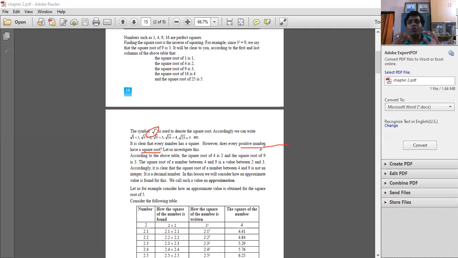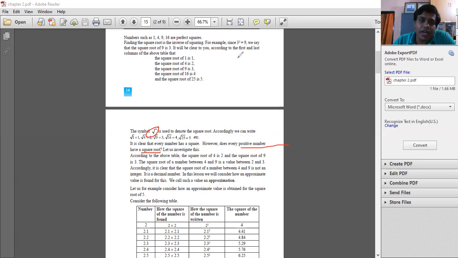So if you want to find the square root of a number between 4 and 9, 4 and 9 are squares of 2 and 3 respectively. So that number should also lie between 2 and 3. Did you get it? I think you might have not got it. So I'm going to explain it here.